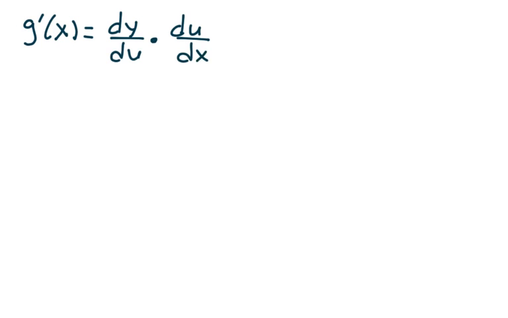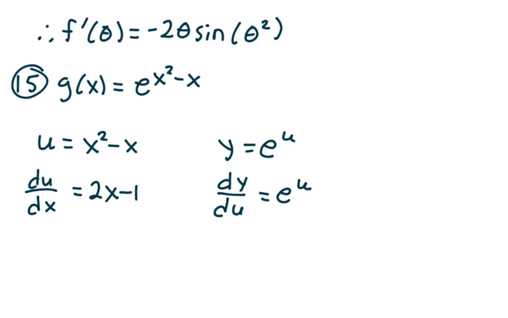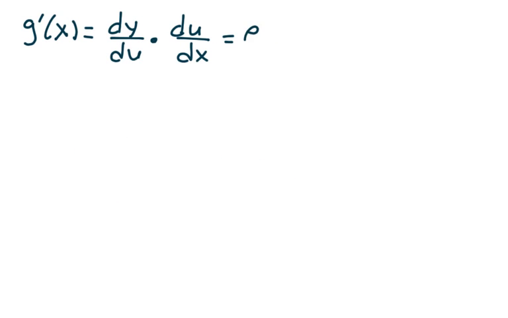And so g prime of x is dy du times du dx, but dy du is e to the u, and du dx is 2x minus 1.